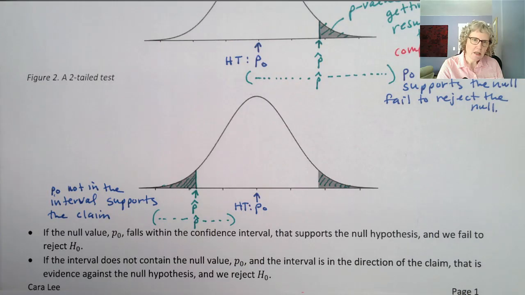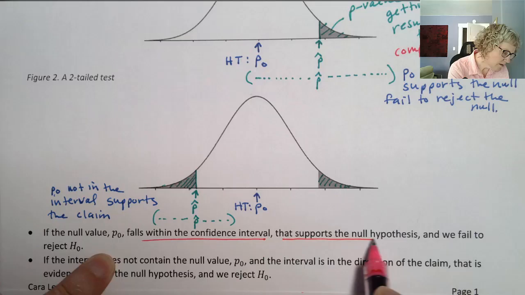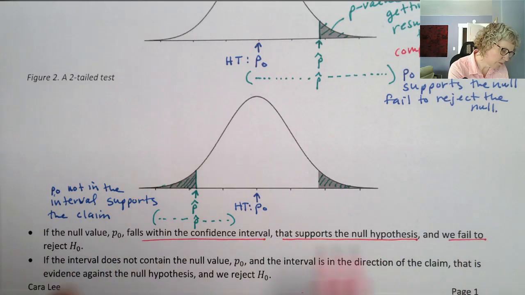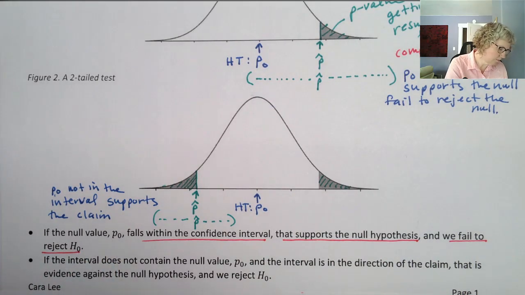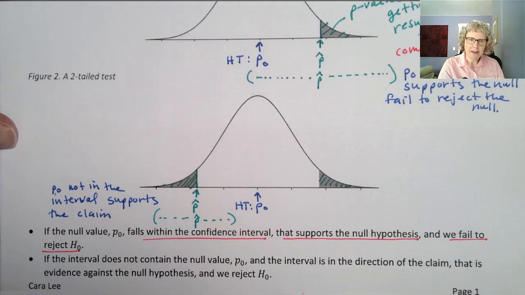So if the null value P0 falls within the confidence interval, so that's the first case we did, that supports the null hypothesis and we fail to reject the null. Okay, that one's the easier case for a one-tail as well, because if it's inside, then that supports the null.